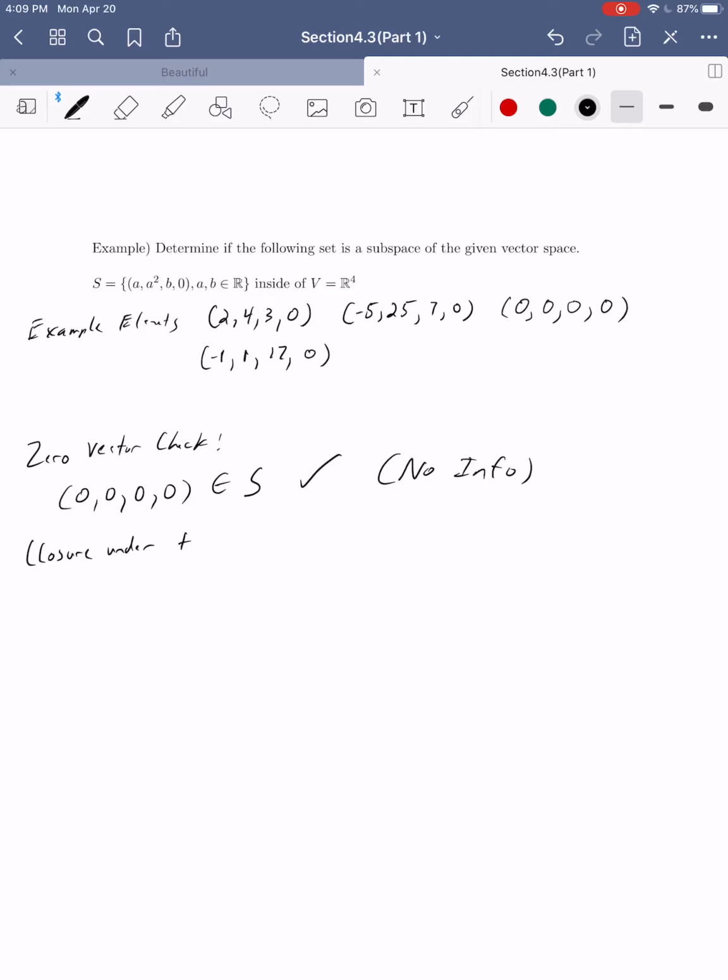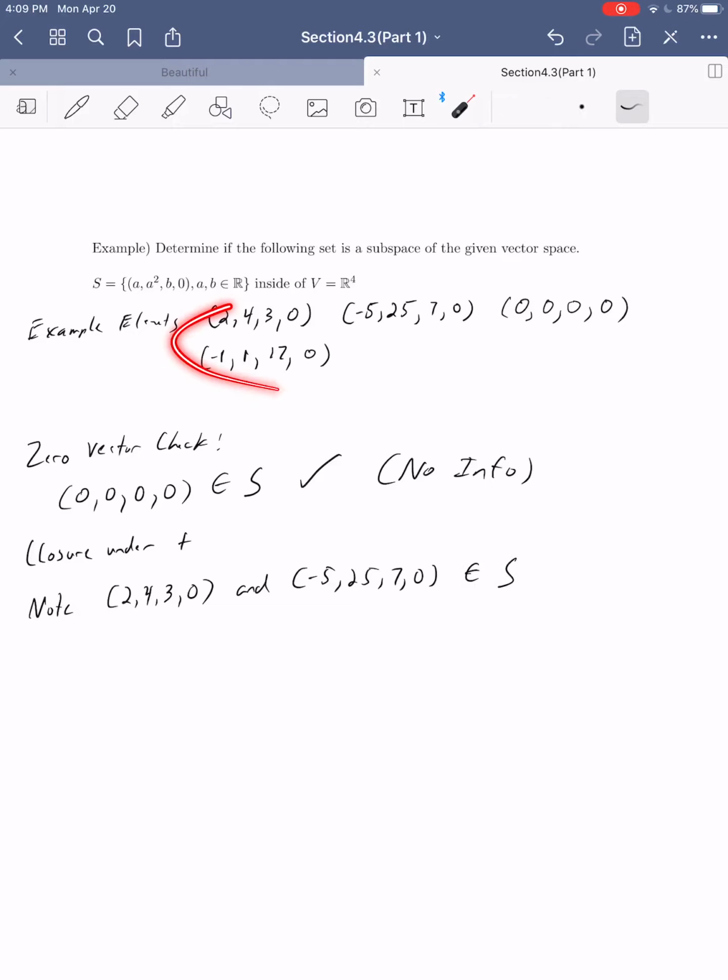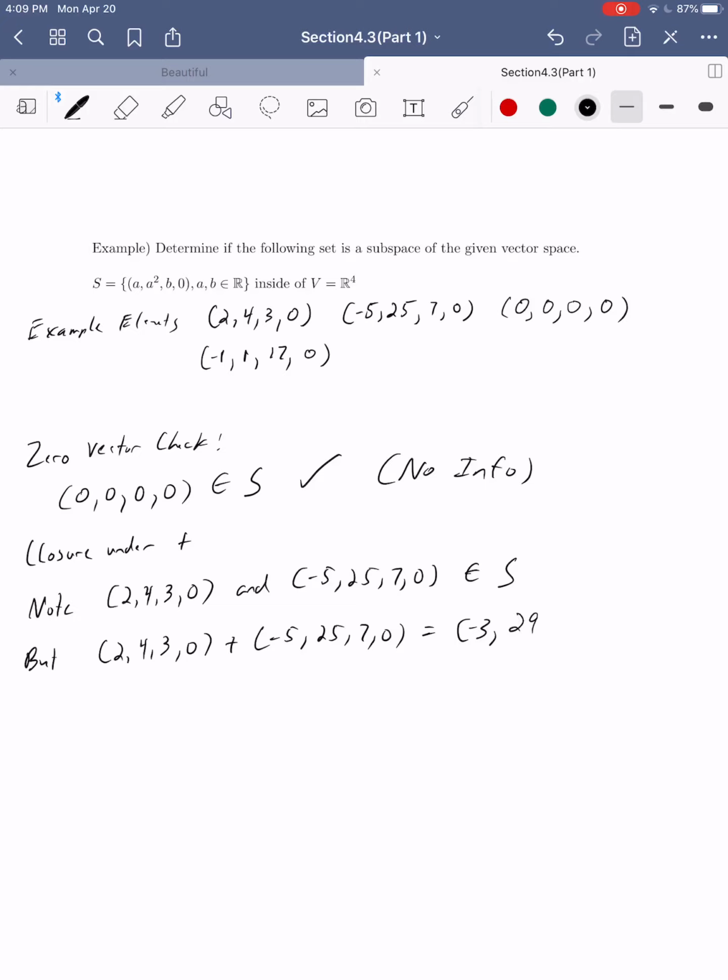So let's go ahead and actually see that. So just note 2, 4, 3, 0 and -5, 25, 7, 0 are both elements of S. I mean, that's what we did right here. We're just talking about things that we know are elements of S. But 2, 4, 3, 0 plus -5, 25, 7, 0, which would be -3, 29, 10, 0, is not an element of S because 29 does not equal -3 squared, right?